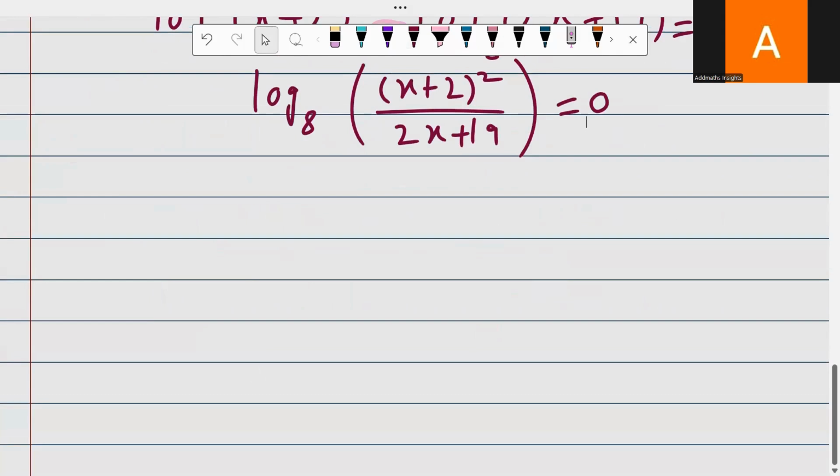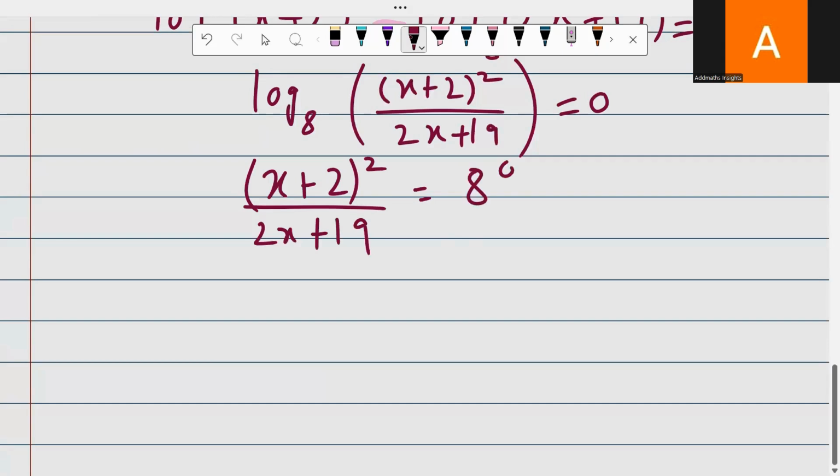Now, the next step is to change into exponential form: x plus 2 whole squared over 2x plus 19 is equal to 8 raised to the power 0, and 8 raised to the power 0 is 1.